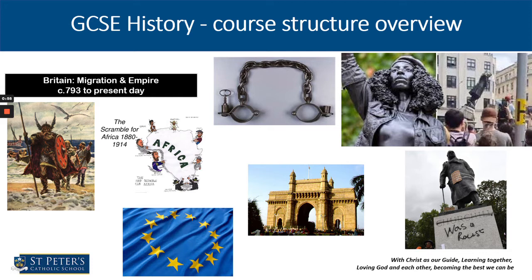But we also look at the story of England and how it changes from a divided country with different kingdoms in the Anglo-Saxon period through to the unification of England, and then the growth of the British Empire and its interaction with other countries. So we look at how Britain takes over areas of Africa and India, with case studies on the Americas as well.